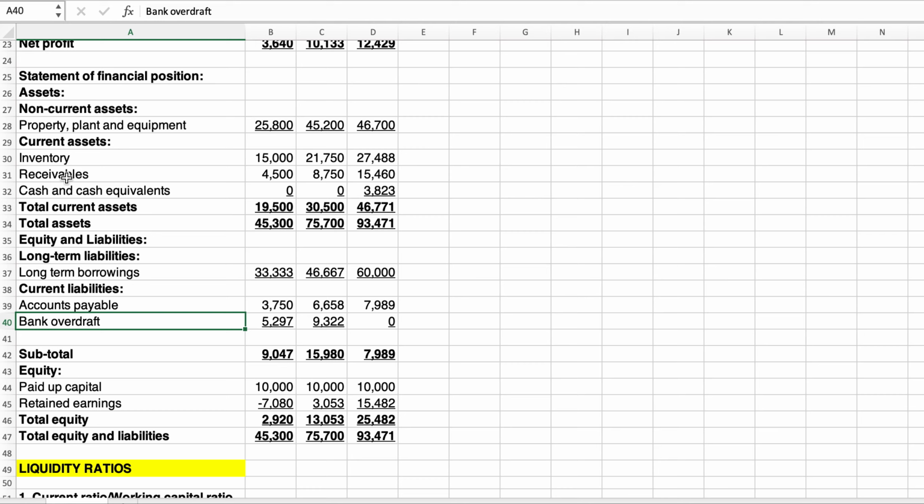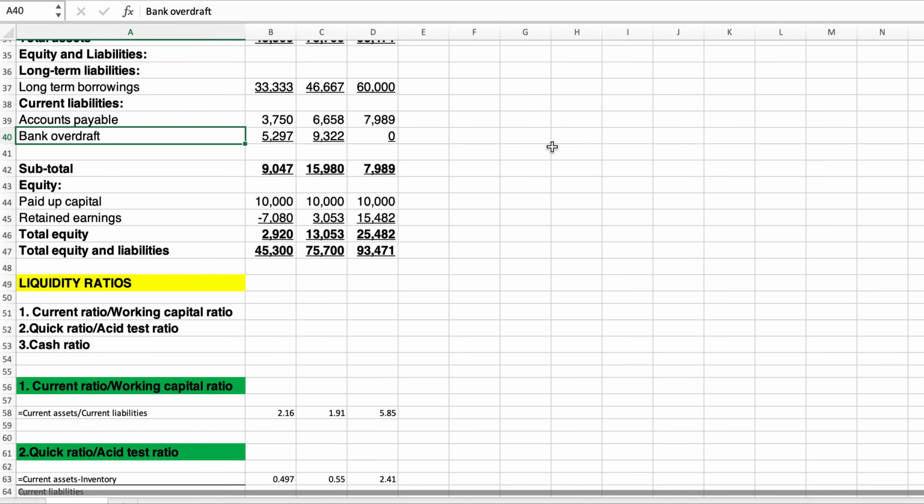For instance, you cannot say inventory is a cash equivalent. No, it will take time to sell those inventories, those stocks, to get cash. So it cannot be easily converted to cash. That is what we mean by cash and cash equivalents: anything that can be easily converted to cash.